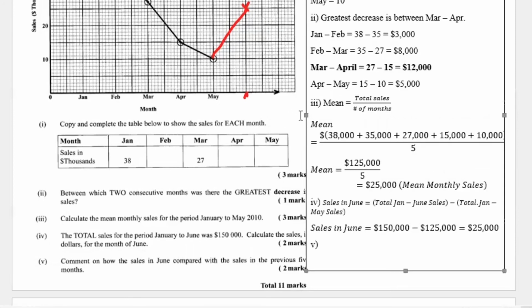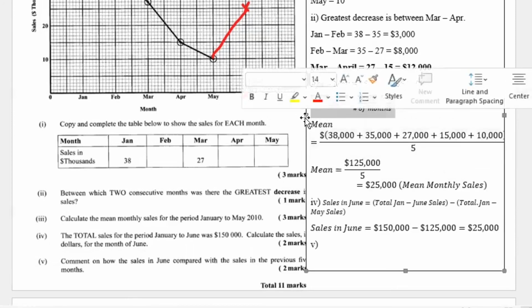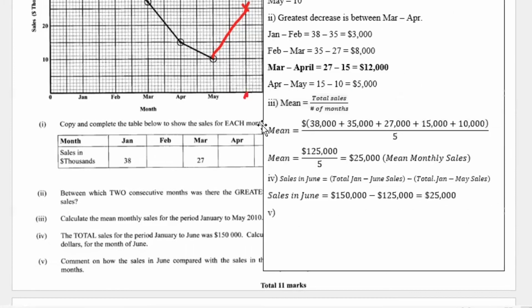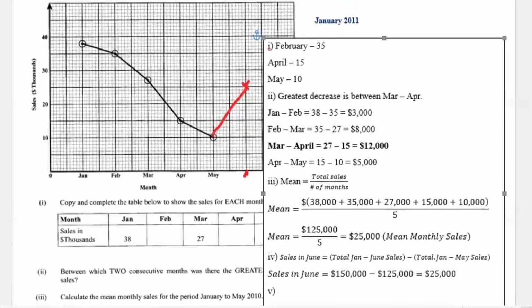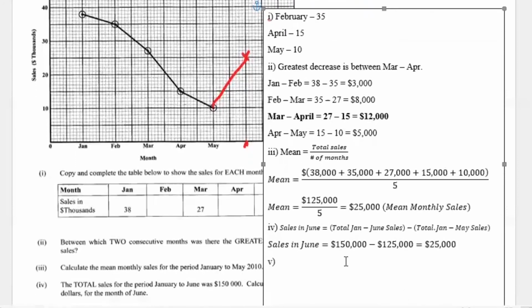All right, so from the jump, I can see that this is the only month that there was an increase. You realize all the other months, there was always a decrease in the money value. Sales keep on going down and down and down. But for the month of June, there was an increase. So remember, based on the marks, I can give 2.